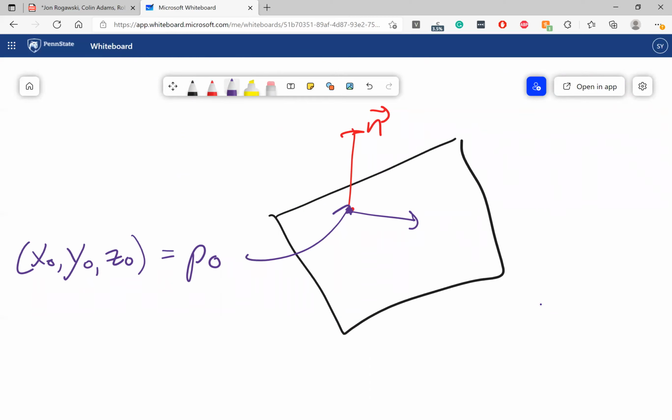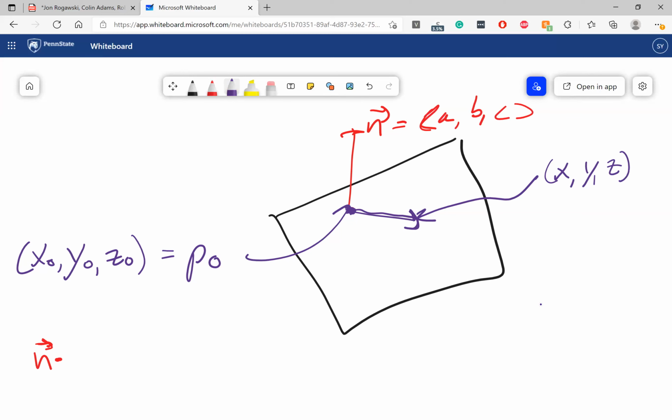What we are saying is that the normal vector, so here's our normal vector a, b, c, when I take my normal vector and I dot it with any vector in the plane. So what does a vector in the plane look like? So let's say this is a vector in the plane. It's a vector that starts from this point and ends up at a point x, y, z in the plane. So here's a point x, y, z in the plane.